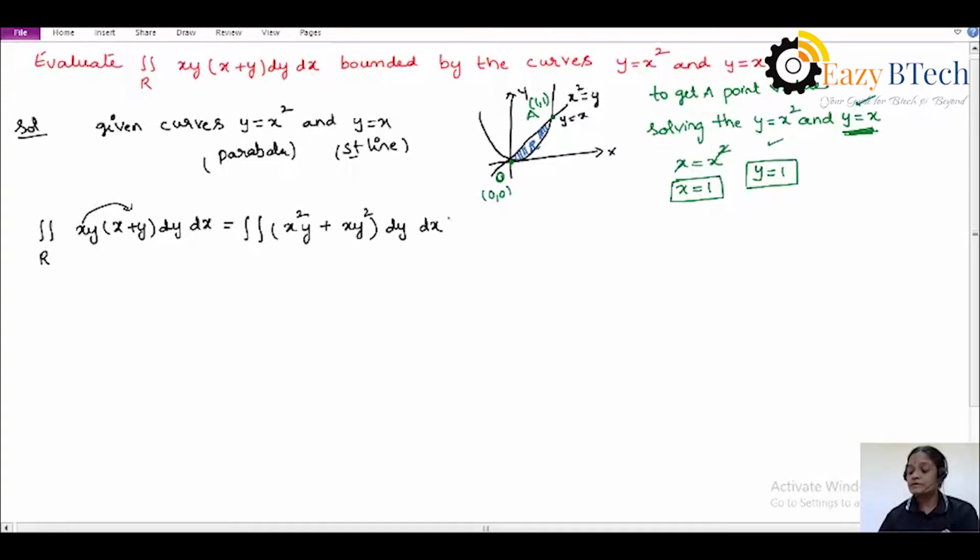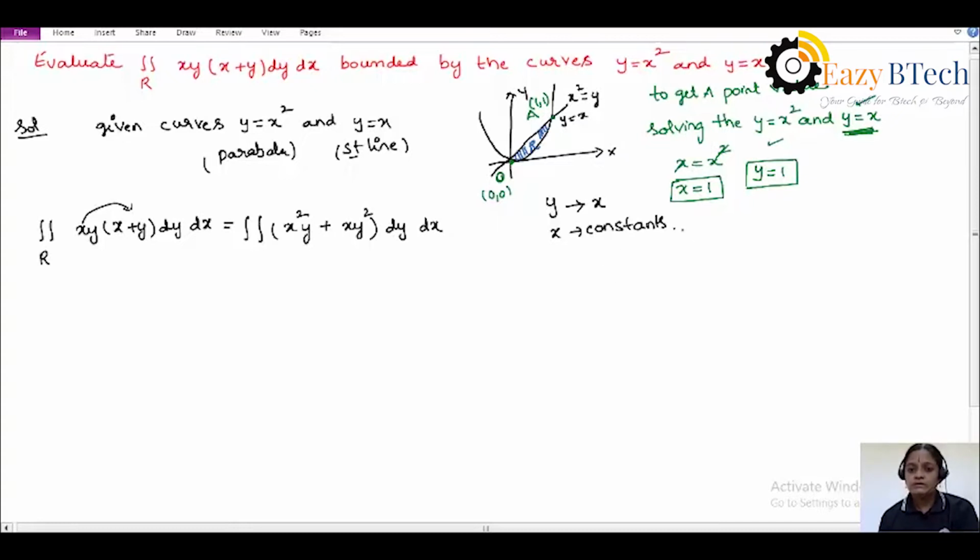According to the procedure, if y limits are functions of x, then x limits are constants. Here, I am choosing y limits as functions of x and x limits as constants only.